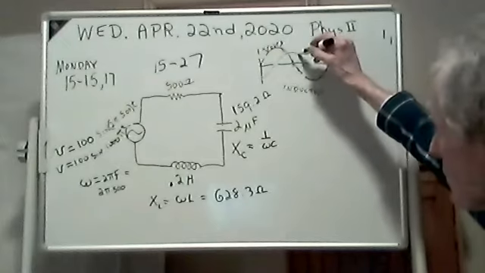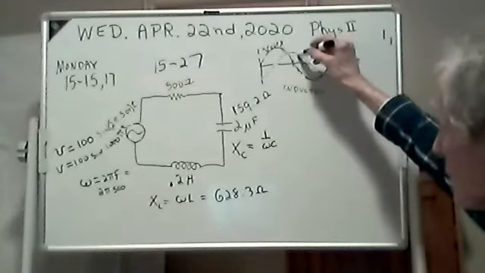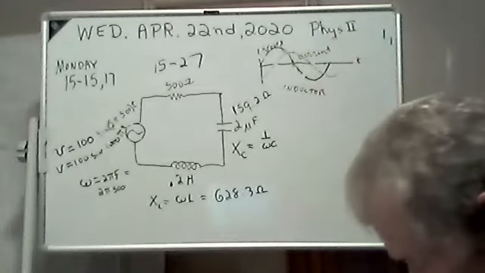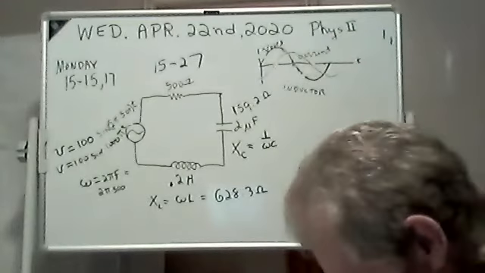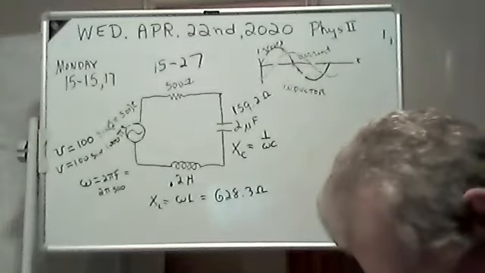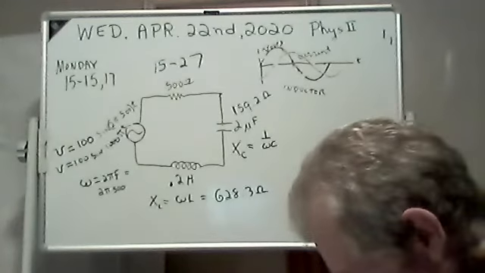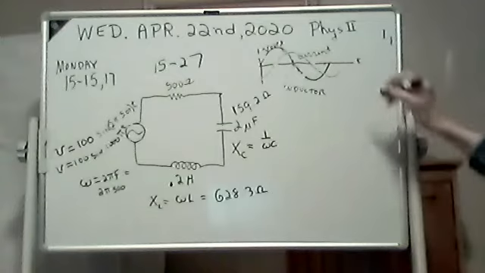This is the current, if you're doing an inductor. In my book, it's page 675.